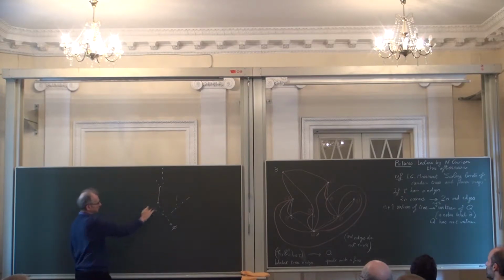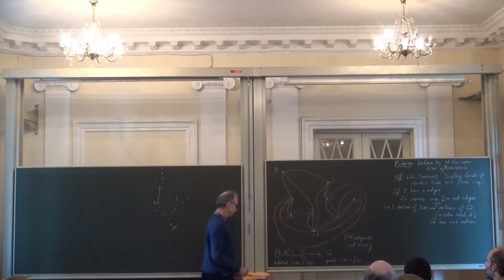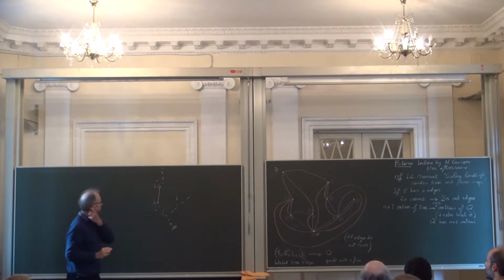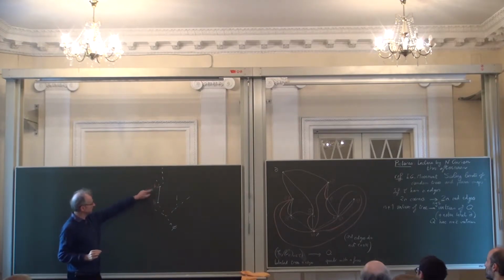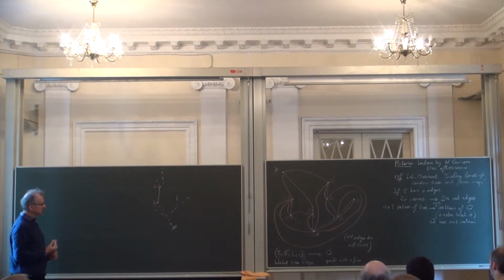But consider this particular edge here, and assume that the labels of the vertices corresponding to this edge are k and say k minus 1. It's a particular case because it could be k and k or k and k plus 1. But let's just look at that example.